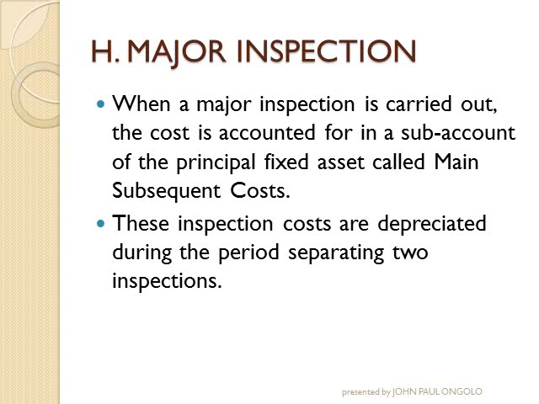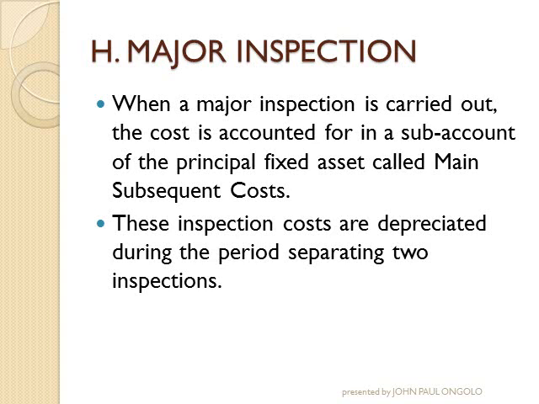And the last type of fixed assets which we may initially recognize is major inspection, or maybe a major overhaul cost. And this is a cost carried out which should not be recognized as an expense but as a fixed asset cost. It means during the year we are going to recognize the cost as an expense, but at the end of the year that expense account will be credited and we will debit the relevant fixed asset account for this major inspection.